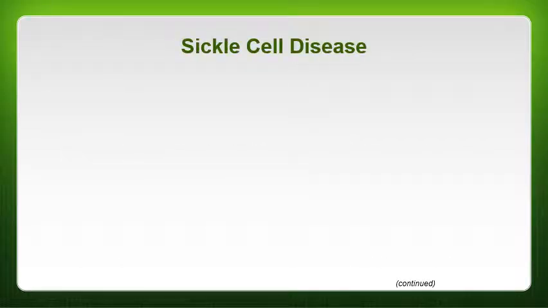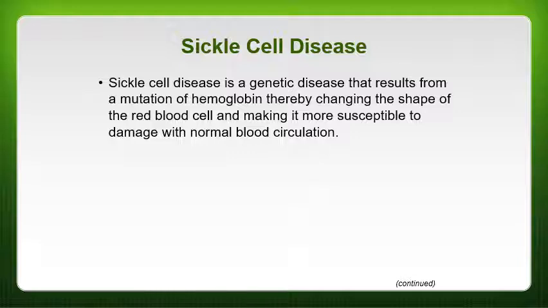Okay, sickle cell disease. Sickle cell disease is a genetic disease that results from a mutation in hemoglobin, which changes the shape of the red blood cell, making it more susceptible to damage within the normal blood circulation. Basically, the change in the red blood cell could cause a clumping in the circulation, which could obviously create issues.